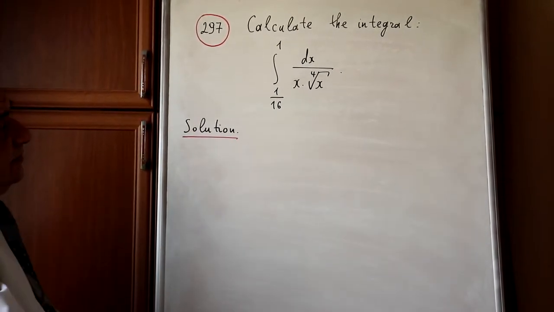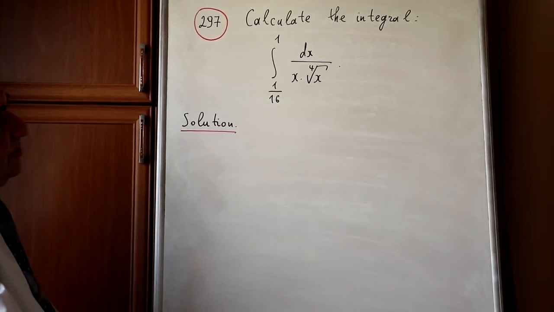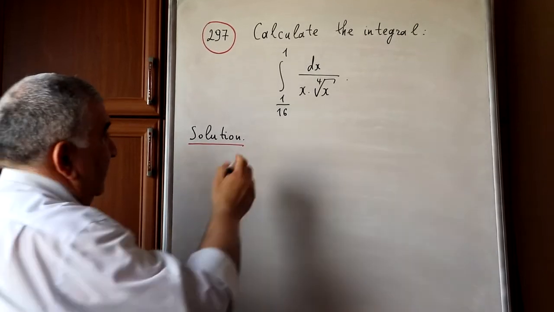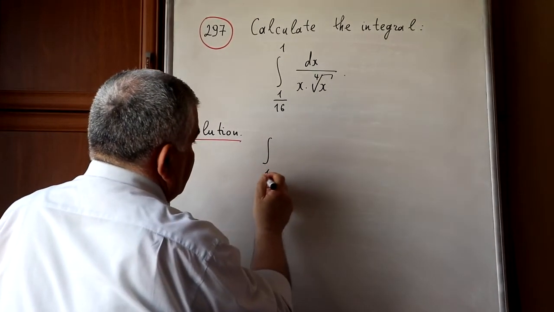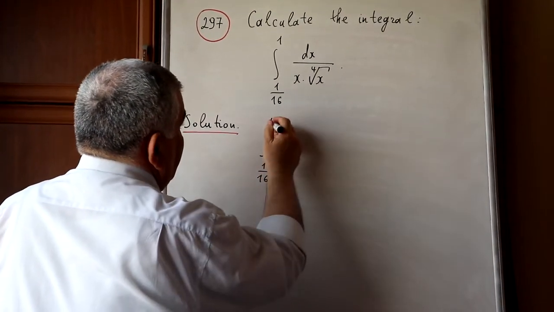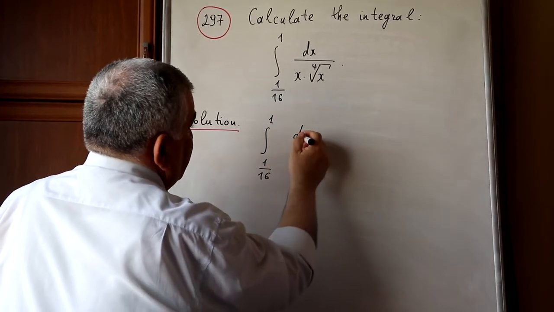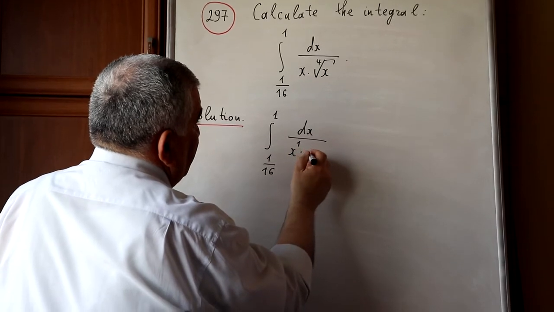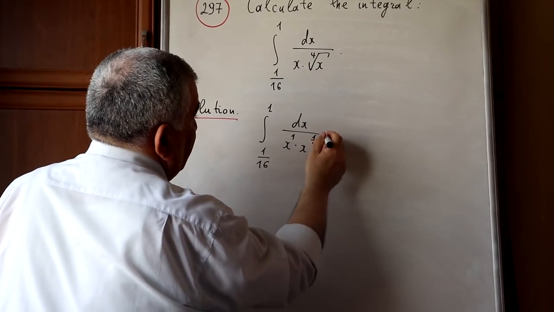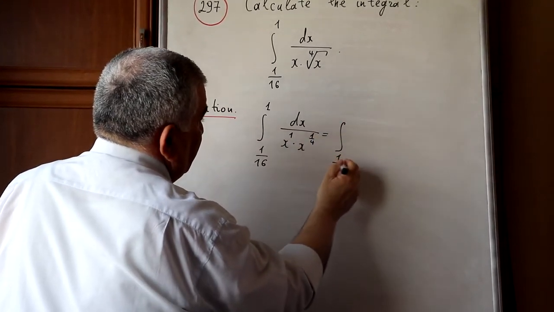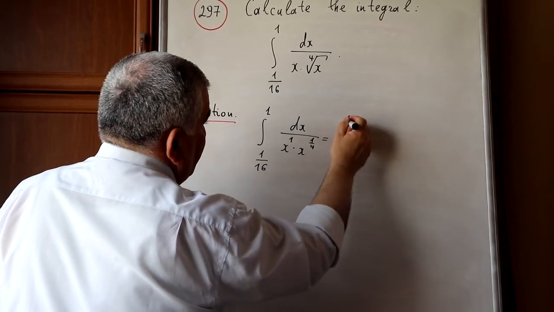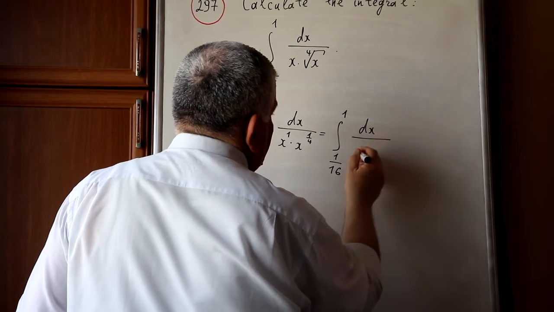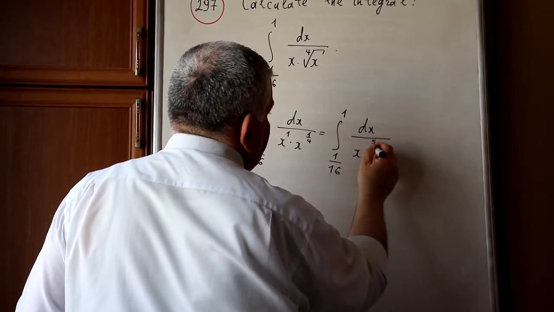First, reduce the integrand to the natural form. Integral from 1/16 to 1 of dx over x to 1 multiplied by x to 1/4, which is the integral from 1/16 to 1 of dx over x to 5/4.